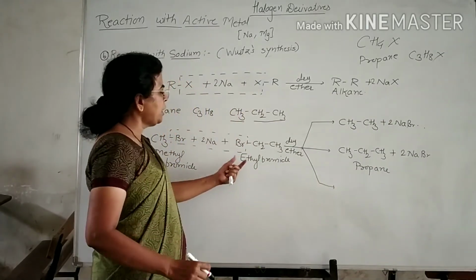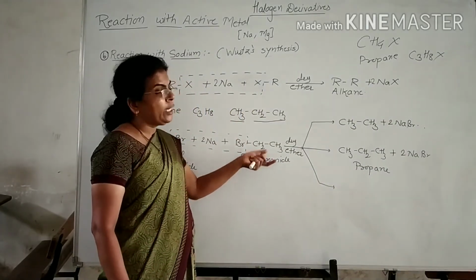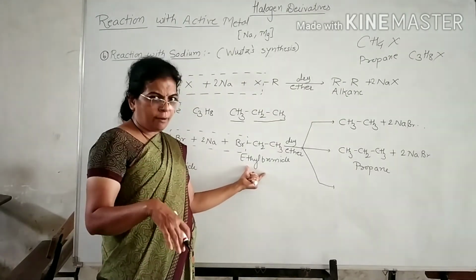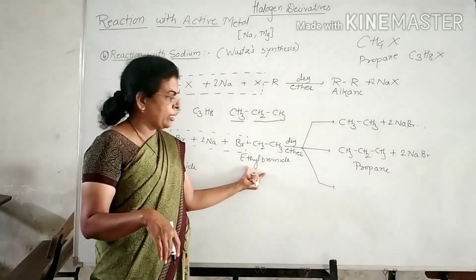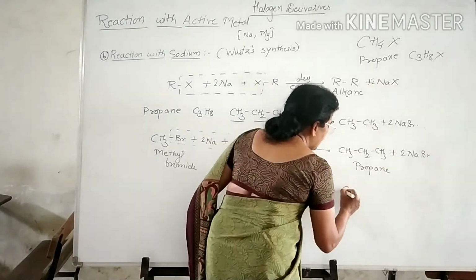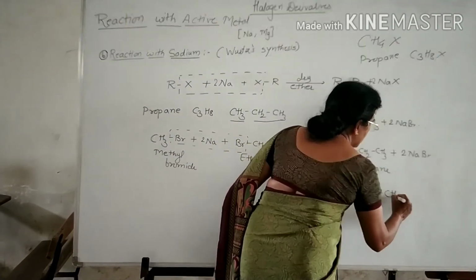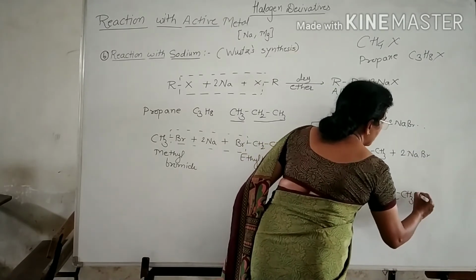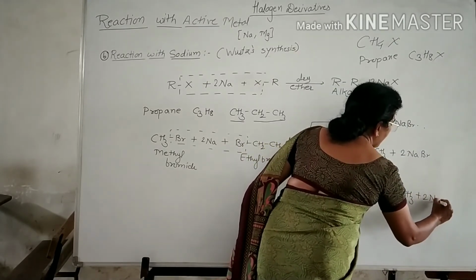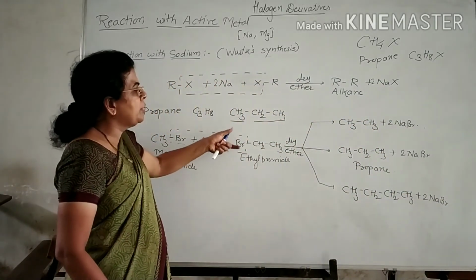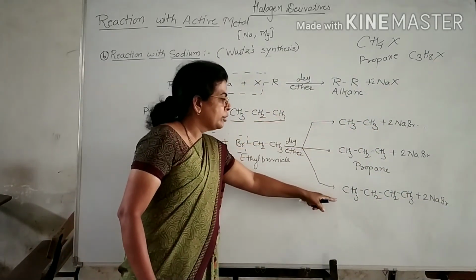Same thing, this ethyl bromide undergoes coupling with itself. That is, the ethyl bromide reacts with a second molecule of ethyl bromide to form CH3CH2CH2CH3 plus 2NaBr. That is, in the same reaction mixture, we will get a mixture of three alkanes.